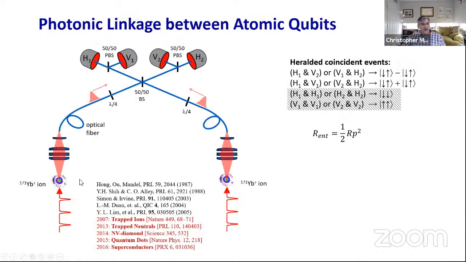So this photon, when it decays, its polarization can be entangled with the qubit, or its frequency, or its time bin. There are many ways to encode, but let's take polarization. Well, the magic is this 50-50 beam splitter. You might know that when you put two photons on a beam splitter and they're mode matched and they're the same polarization, they always go the same direction at the output.